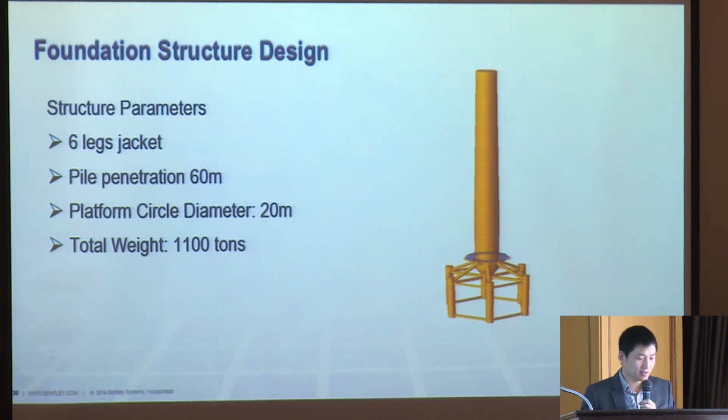The total weight of the top side is 1,100 tons. 톱사이드 부분의 그 전체 무게가 1,100톤, 그리고 플랫폼 서클의 직경이 20m, 파일의 페네트레이션이 60m였고요. You may find that they have a very large penetration as the soil is very weak in this area. 이 지대가 좀 약한 편이었기 때문에 페네트레이션이 이렇게 좀 크게 이루어진 것을 볼 수가 있습니다.